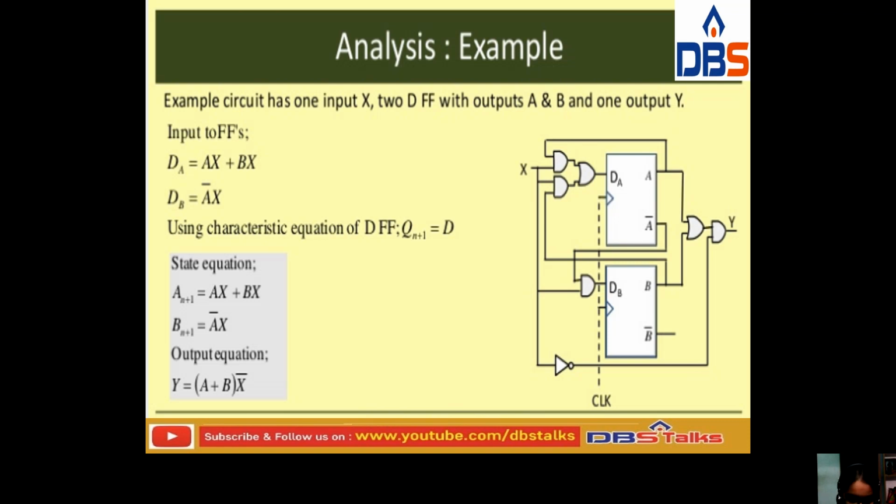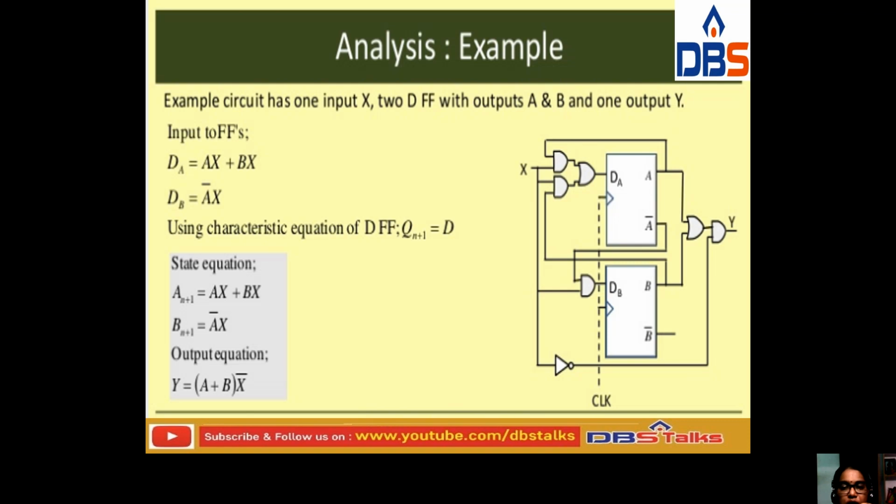By using the characteristic equation of the flip-flop, the state equation is A of n plus 1, at the nth time, that is n plus 1 time, we are going to get ax plus bx, and B of n plus 1 is equal to a bar x. From this we can say that y is equal to a plus b into x bar.